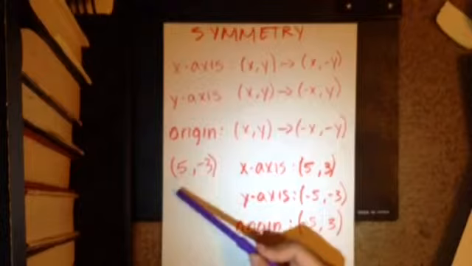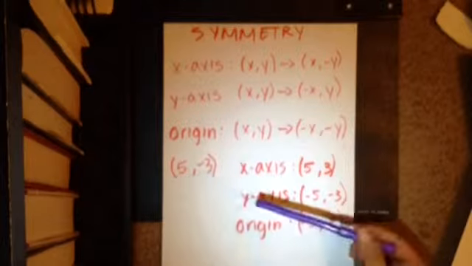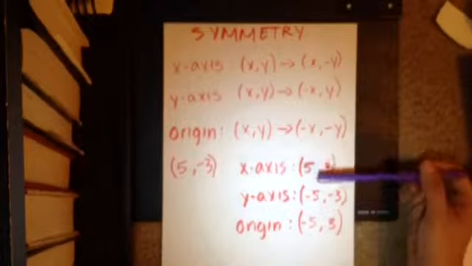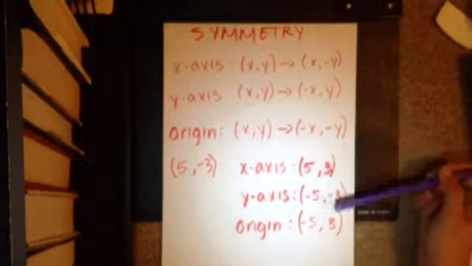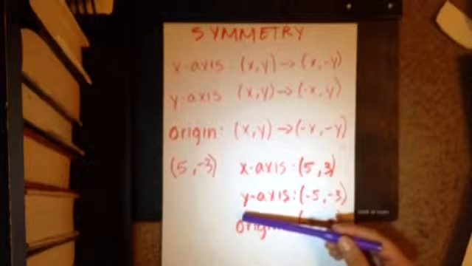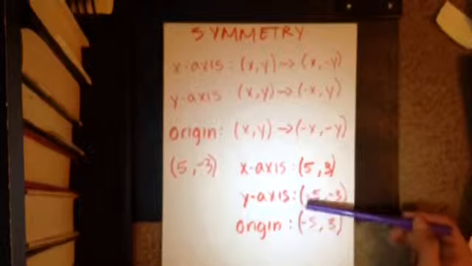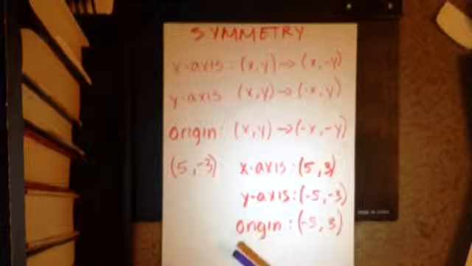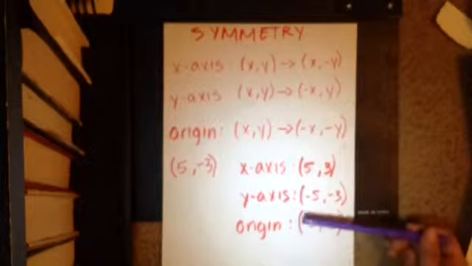So let's say we have the point (5, -3). If the symmetry were across the x-axis, we would have the point (5, 3). If it were across the y-axis, we would have the point (-5, -3). And if the symmetry were across the origin, we would have the point (-5, 3).